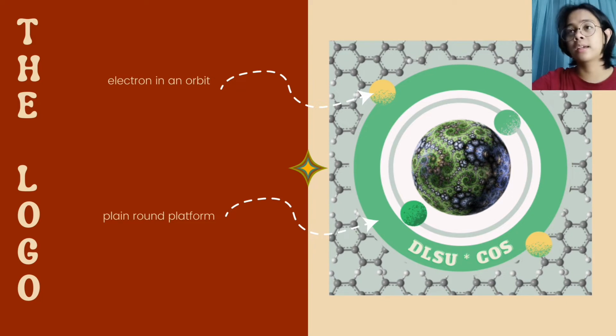There are these yellow and green color splashes as seen embedded in the orbits.